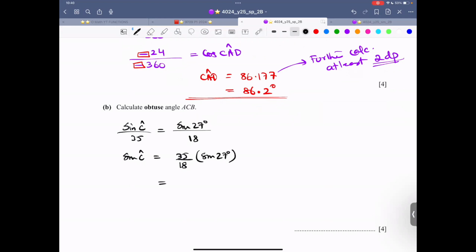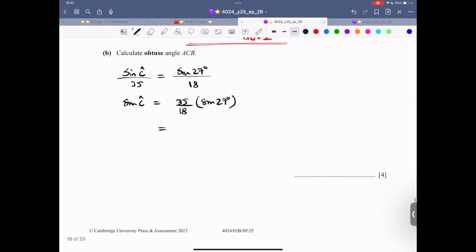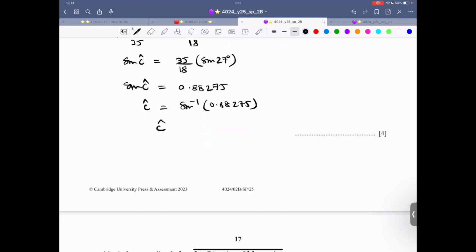Let me evaluate this first: sine of 27 multiplied by 35 divided by 18. This comes out to be 0.88275. That is sine of C. First, it will give me the acute angle. That is sine inverse of 0.88275, which equals 61.977. Angle C is 61.977 degrees.